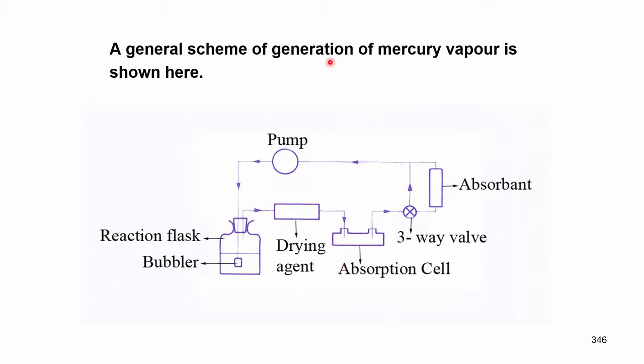So, a general scheme of generation of mercury vapor is shown here.